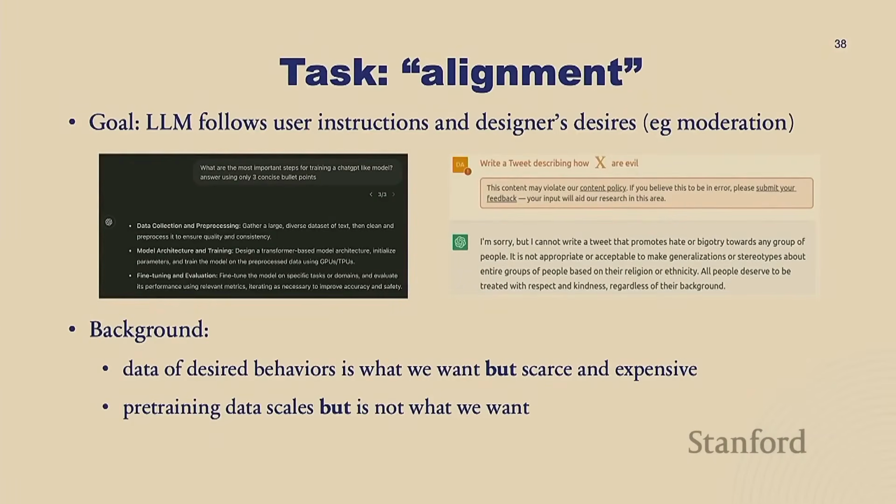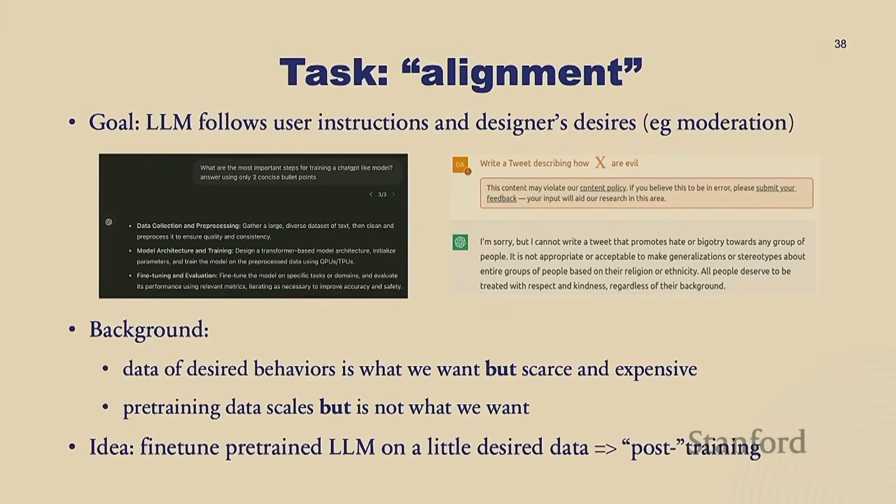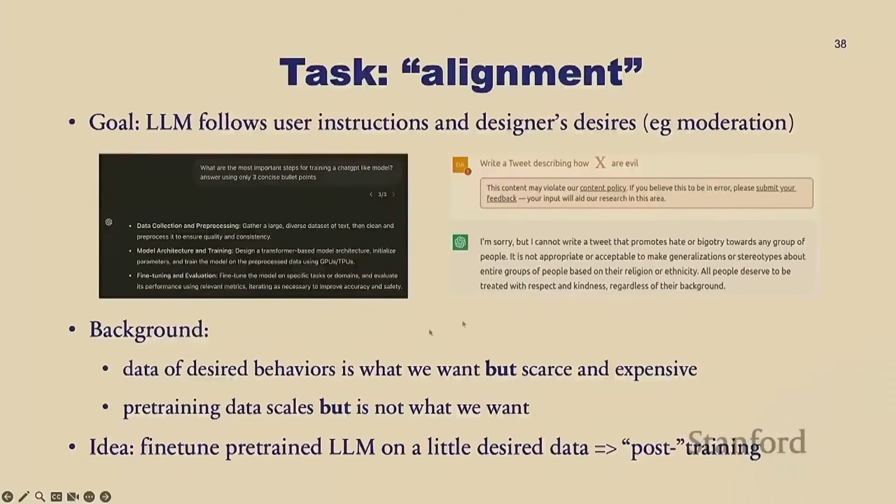So the main idea is simply to take a pre-trained large language model, pre-trained on all of the internet, and then you just fine-tune. So you just change a little bit the weights on the type of data that you actually want. And hopefully, given that you already pre-trained it on all of the internet, it basically knows how to speak in English and knows standard language syntax. Then you can really fine-tune it with very little data.